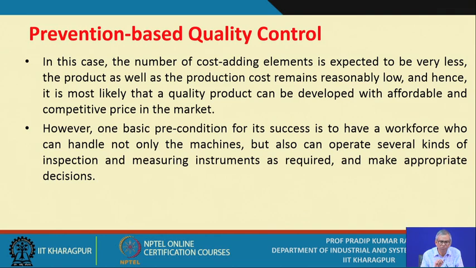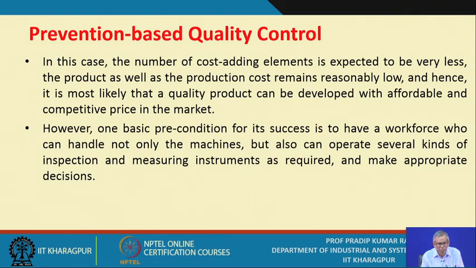In today's context, you face a lot of competition, because there is hardly any monopoly in the market for your product. For most products, the cost has to be reduced, and you have no other alternative but to go for prevention-based quality control.